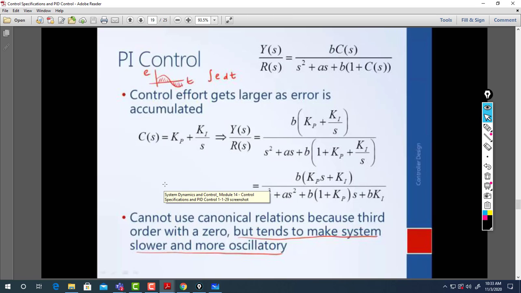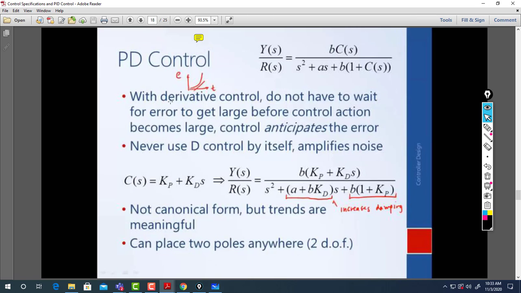So what about PD? Here is the definition of PD. It's also good to read the definition. With derivative control, you don't have to wait for the error to get large before the control action becomes large. That's your controller, C of S. Here is your error, and here is the control action.